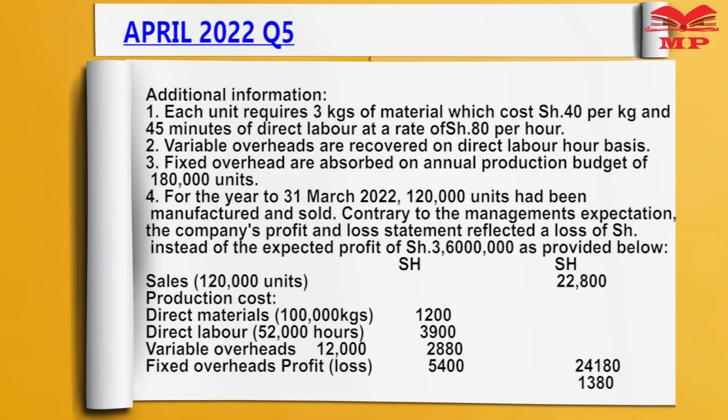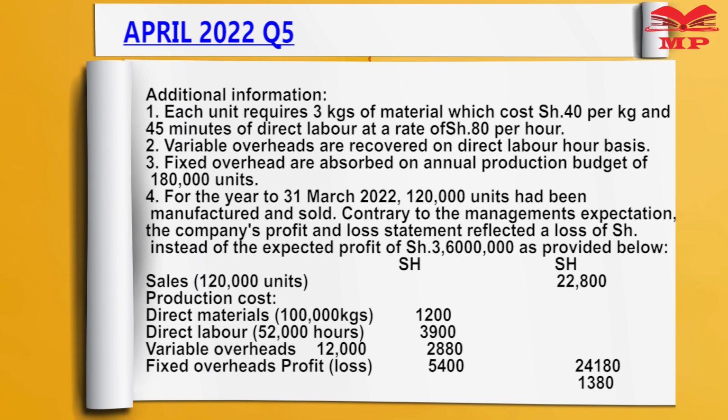Additional information, note number 1: each unit requires 3 kilograms of material, which costs 40 shillings per kilogram, and 45 minutes of direct labor at a rate of 80 shillings per hour.